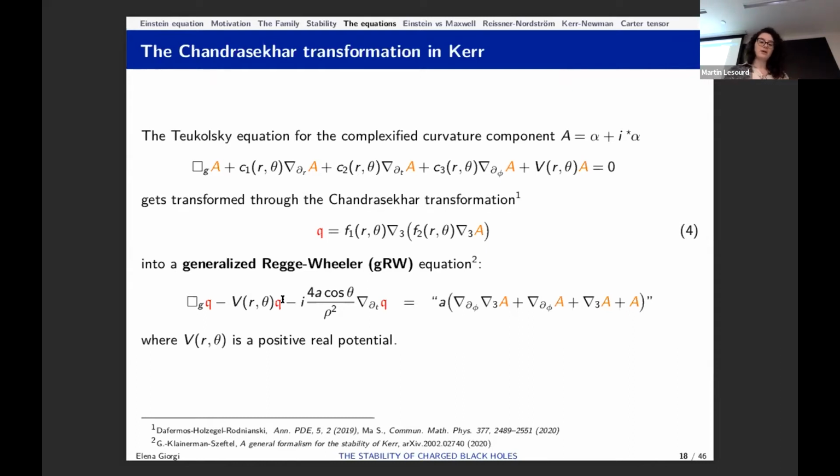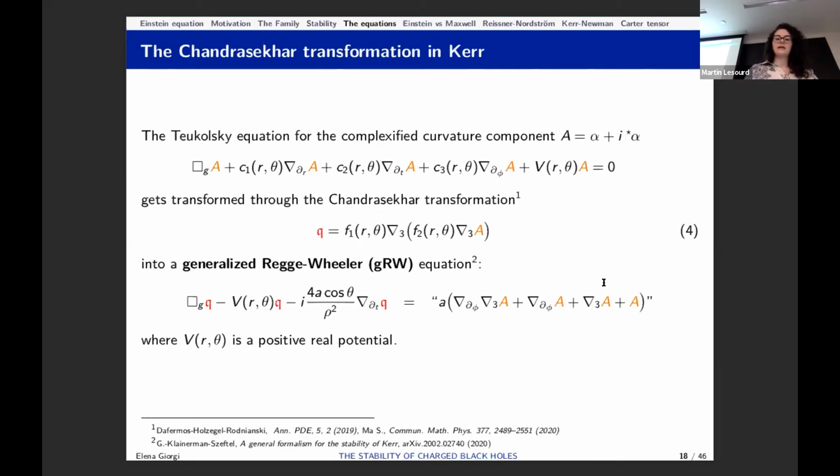But you have some extra term, which is a nabla t derivative. So you have some time derivative, but with some i a cosine theta over rho squared. You can see it's really the imaginary i, and a real function, and then some lower order terms on the right hand side that I'm not going to say lots of details about, which involve up to 2 derivatives of alpha, with some phi derivative and again 3 derivatives, and V is a positive real potential.